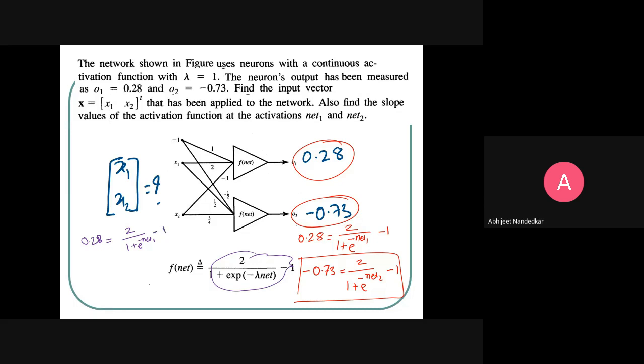And for the second neuron, it is minus 0.732 equal to 2 divided by 1 plus e to the power minus net 2, minus 1. So these are two equations for neuron 1 and neuron 2.